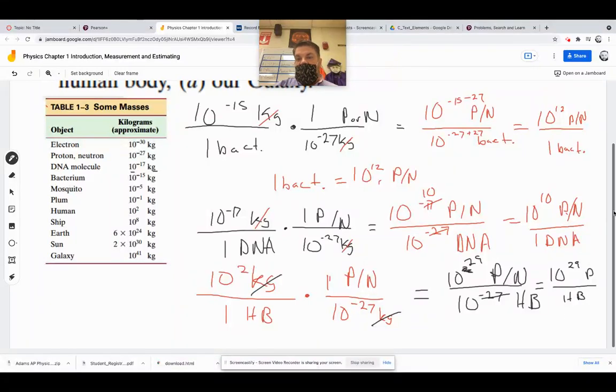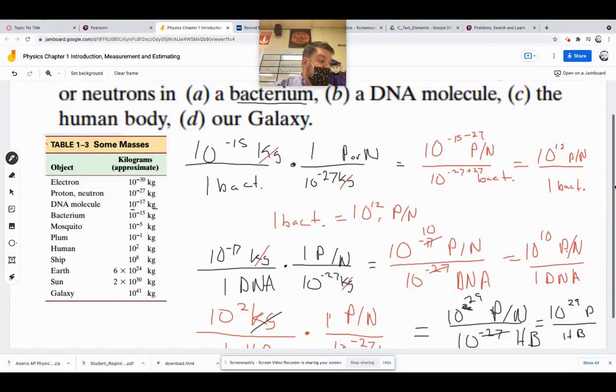Okay. And I'm not going to crank through the math, but the galaxy, they do have the galaxy listed in the table. If you crank through and you do the same math, the ratio is 10 to the 68 protons or neutrons to one galaxy.